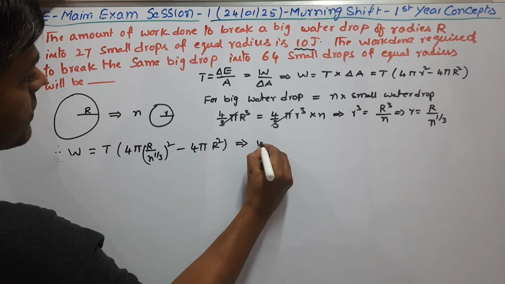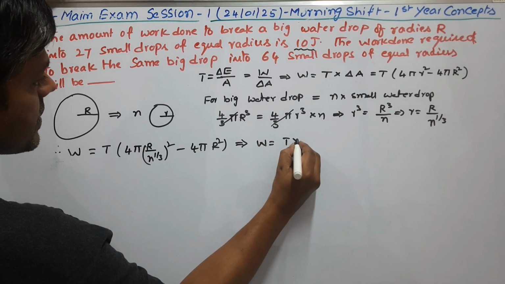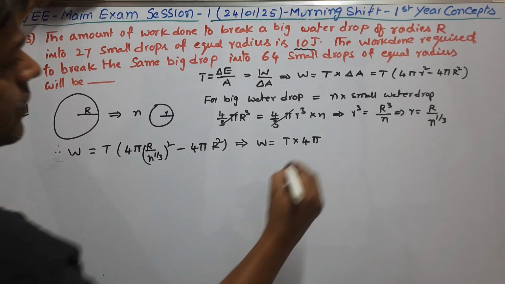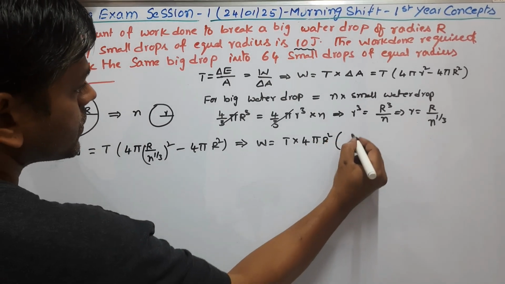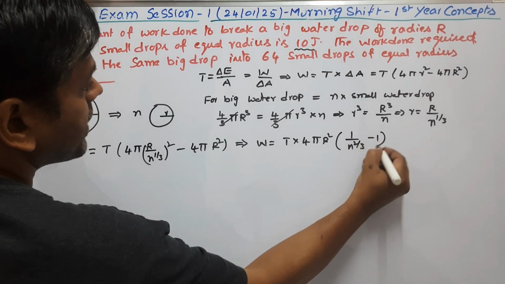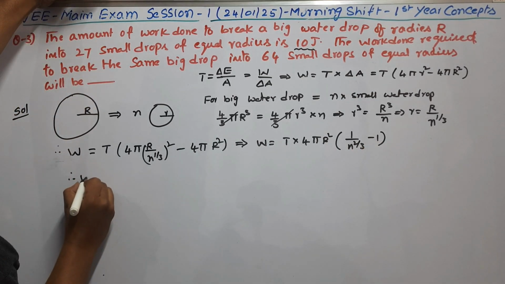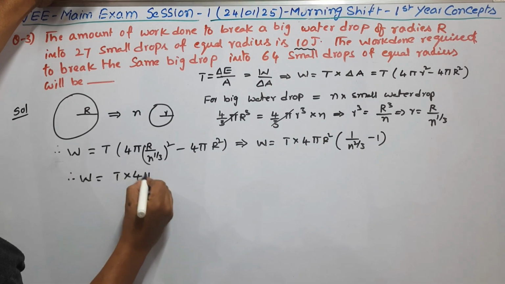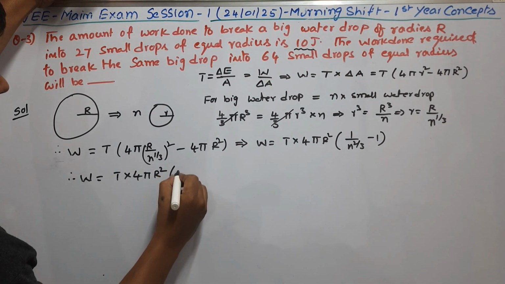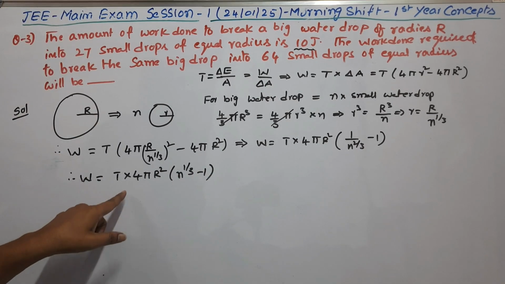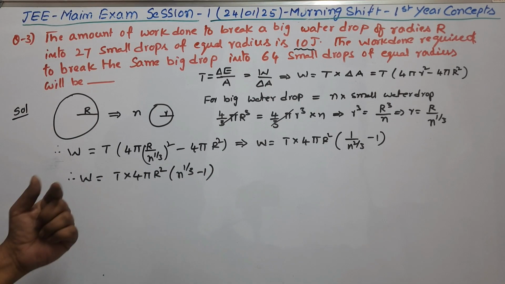That implies work is equal to surface tension T into 4 pi R square, which is common, into 1 by n power 2 by 3 minus 1. Therefore, work done is equal to T into 4 pi R square into n power 1 by 3 minus 1. This is the amount of work done required.